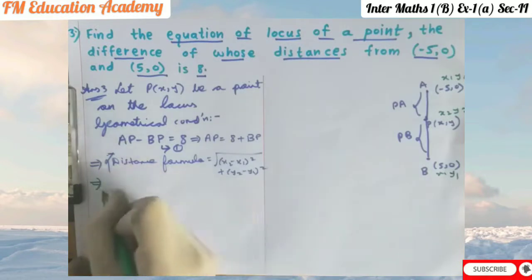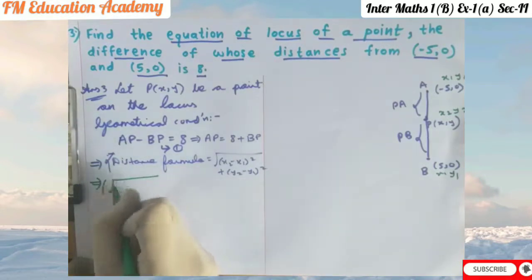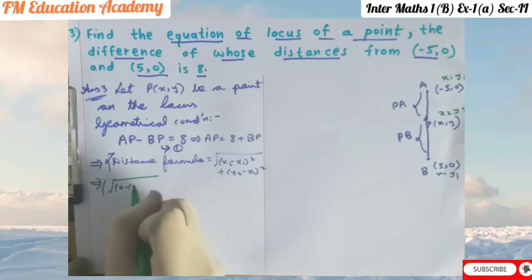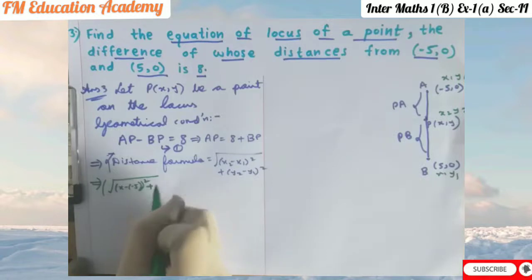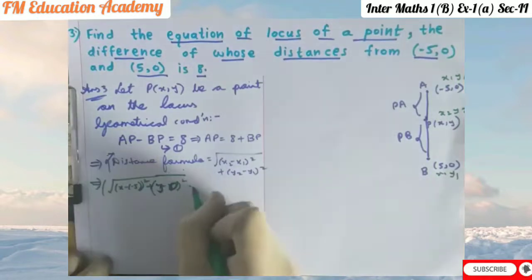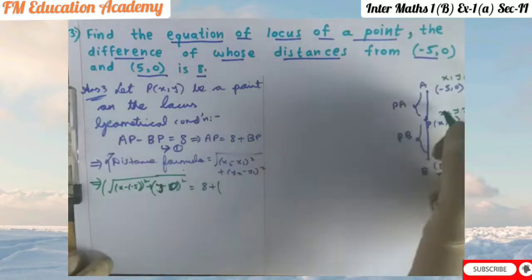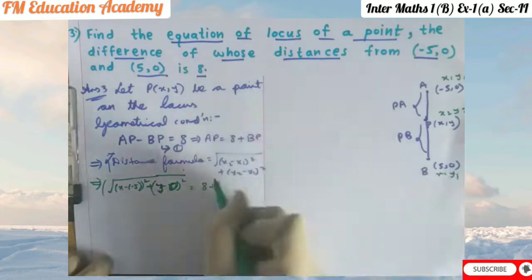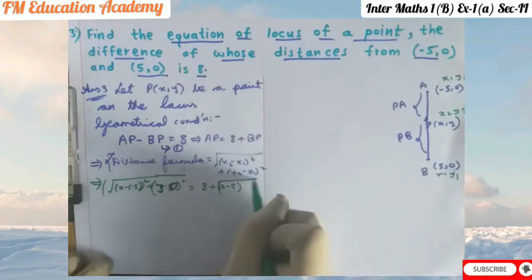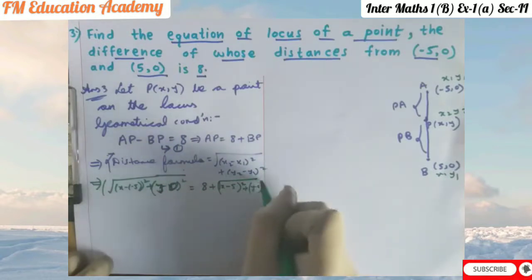So AP means root of (x2 minus x1), that is (x minus of minus 5) whole square plus (y minus 0) whole square, that is equal to 8 plus BP. What is BP here? Root of (x minus 5) whole square plus (y minus 0) whole square.